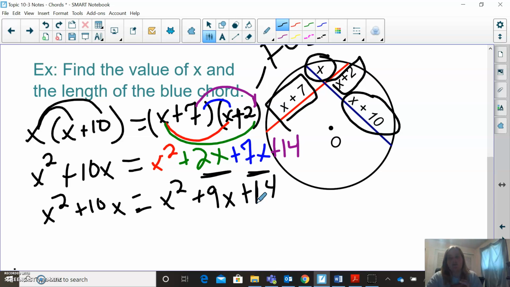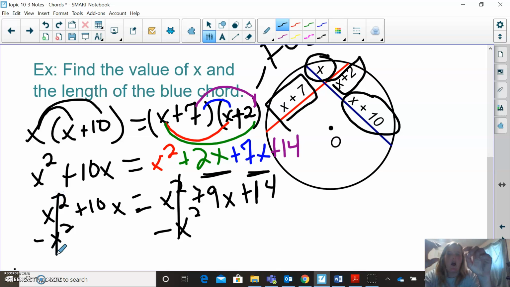So we can move things around using adding and subtracting or multiplying and dividing. I'm going to take the x squared on the right-hand side and subtract it. So it cancels out over here, and over there, and we no longer have x squared.